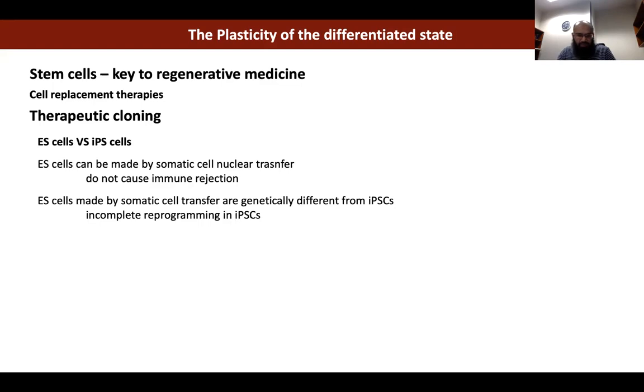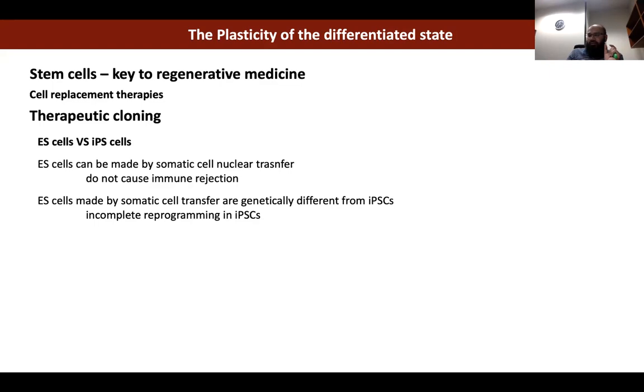Another thing that needs to be considered here is the difference between the ES cells made by somatic cell nuclear transfer and the iPSCs. Both cell types are from the same individual, so there will not be a problem with immune rejection.